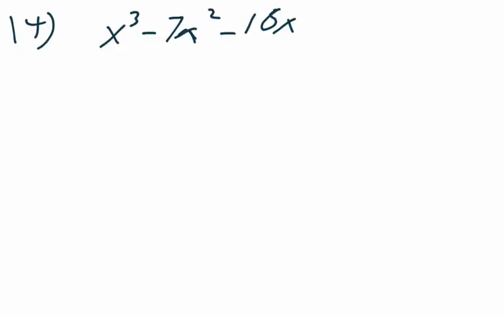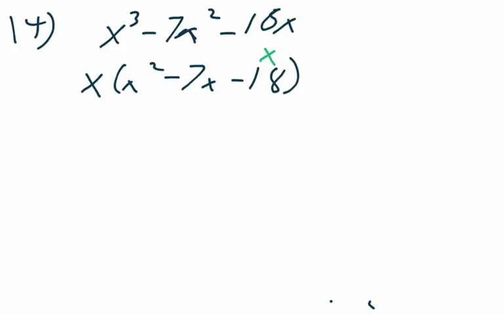Problem number 14, what we're going to do is first factor out an x, because we want to factor out what they have in common. And I'm left with x squared minus 7x minus 18. I need two numbers that multiply to be negative 18 and add up to be negative 7.